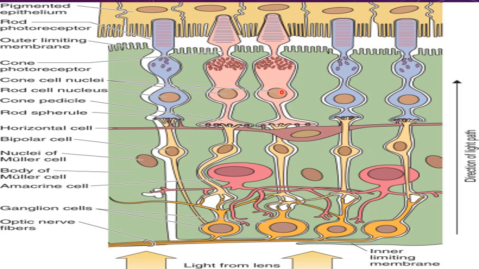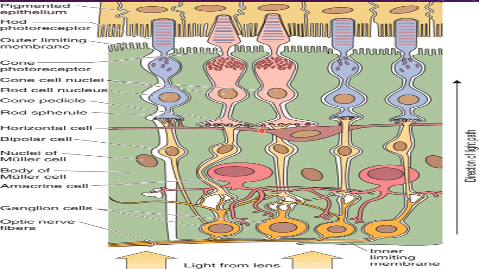Then here you can see the perikarya or the cell bodies of the rods and cones, where the rod ends up making the rod spherule, and the cone terminates into the cone pedicle. This makes synapses with the dendrites of the bipolar neuronal cells present in the inner nuclear layer, as you can see here. So this synaptic area is known as the outer plexiform layer of the retina.